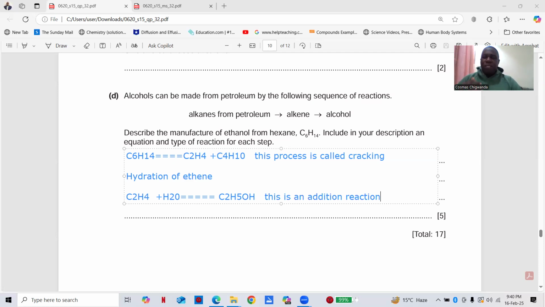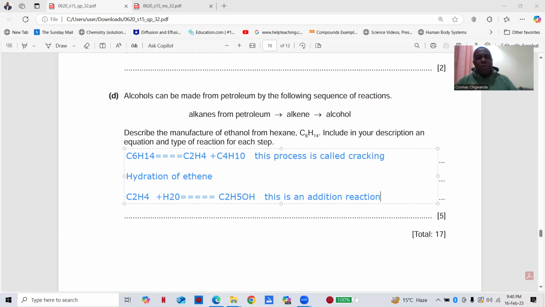We started off with cracking the long molecule of hexane. Hexane cannot be used in the lab or in industry as a starting material because it's too long. The first process is to break it down. If we use heat, we call that thermal cracking. Sometimes they use heat, sometimes they use the two, heat and a catalyst.